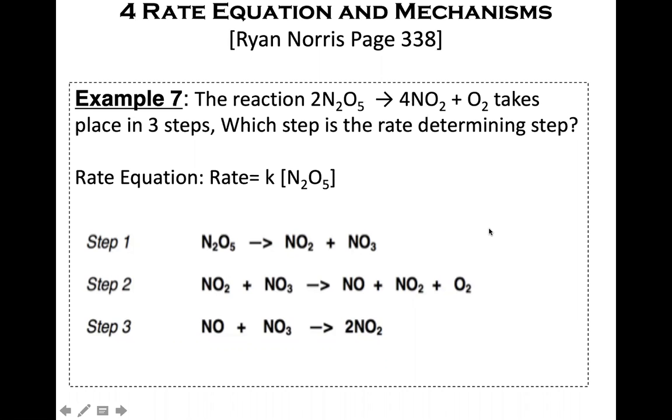Essentially the rate determining step is the step that is the slowest, right? They don't tell you, but they do tell you the rate equation. Remember the rate equation shows you the species that also appears in the slow rate determining step. So between step 1, 2, and 3, which one is the slow rate determining step?